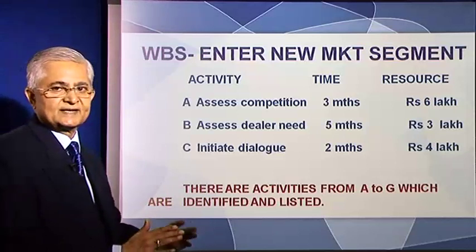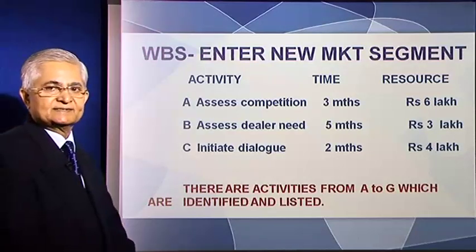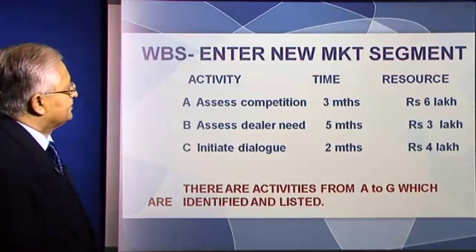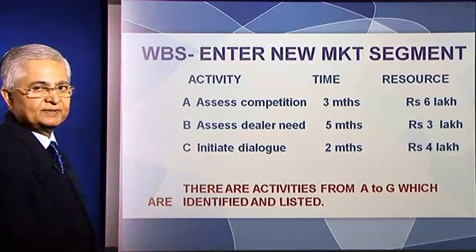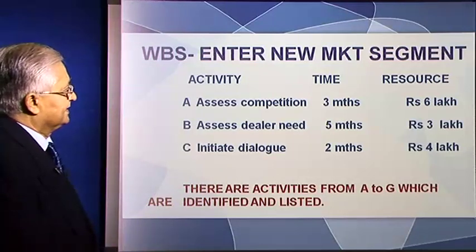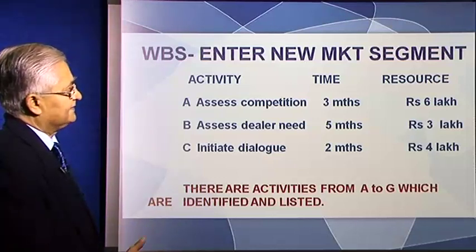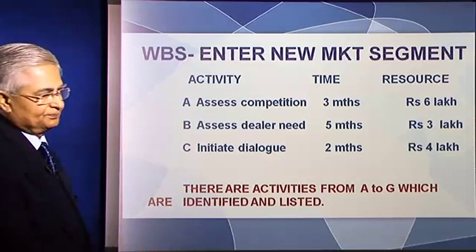Now, let's create a WBS for this. We start by breaking up this enter new market segment into activities. Then we estimate time for each activity and we estimate the resources required for each activity.